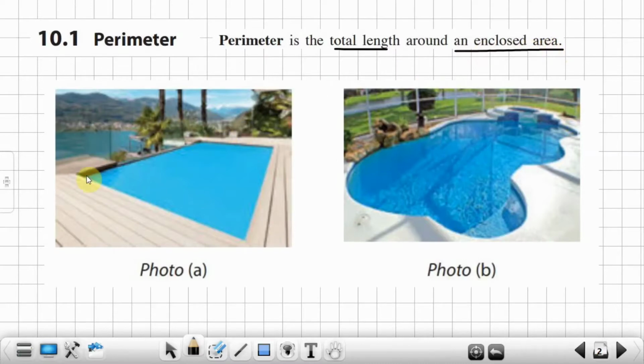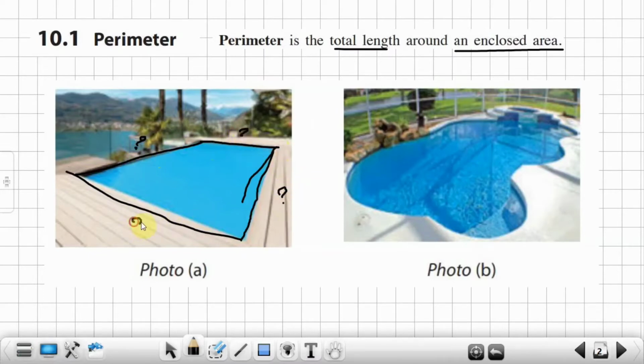Okay, so for example, you look at this photo A, it is a swimming pool. So this swimming pool is an enclosed area, means that it is closed. All the sides are connected to each other. To find out the perimeter of this pool, you need to know the length of all sides.